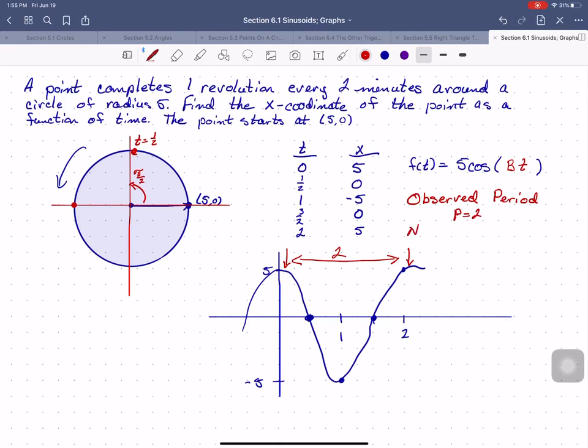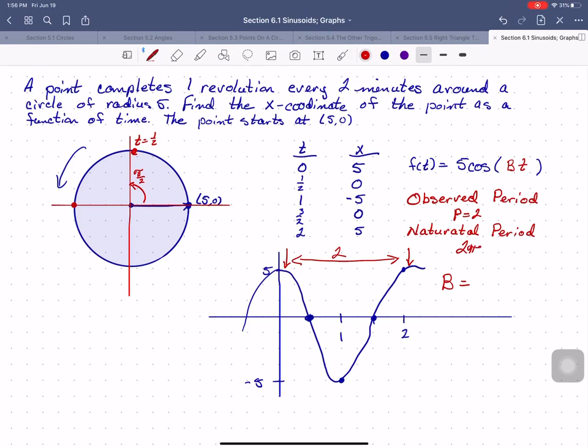The natural period of a pure unadulterated cosine is 2 pi.